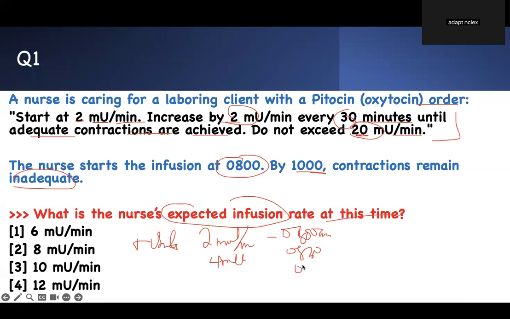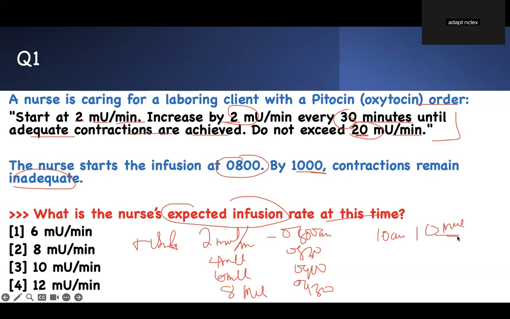At 9 o'clock, I'm going to increase it by 2 again, 6 milliunits per minute. At 9:30, I'm going to be having what? 8 milliunits. At 10 o'clock, this should go up to what? 10 milliunits.